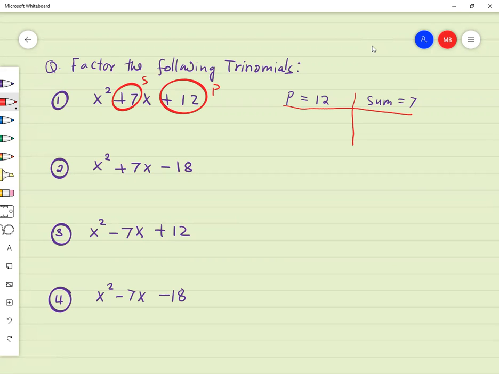Because the product is positive, both numbers should be either positive or both negative.